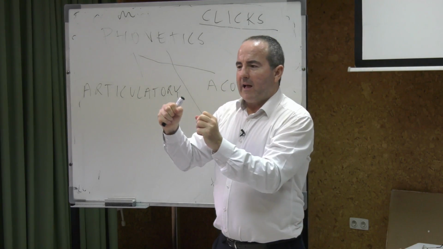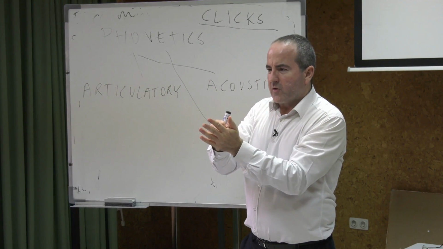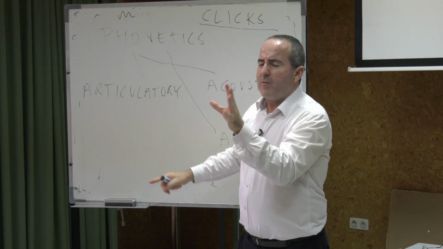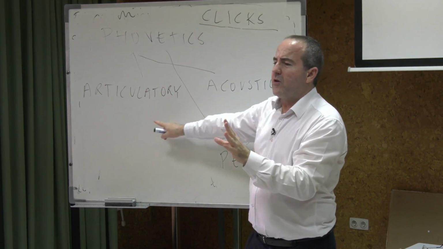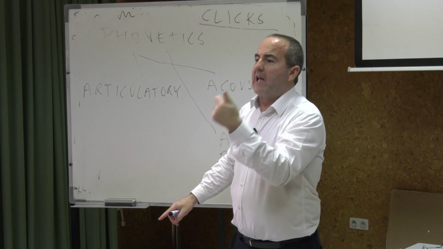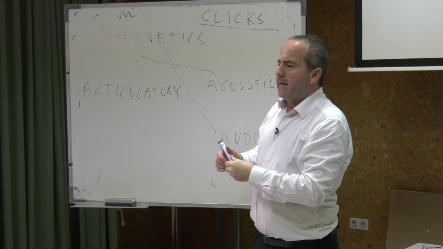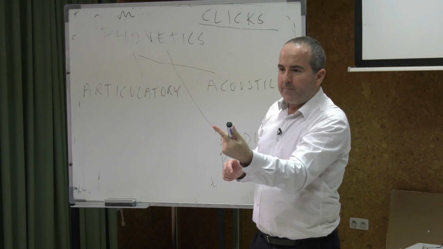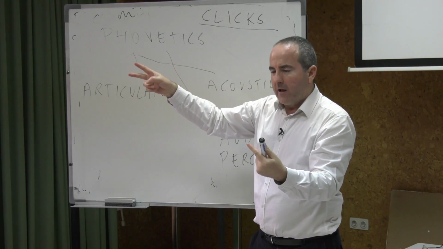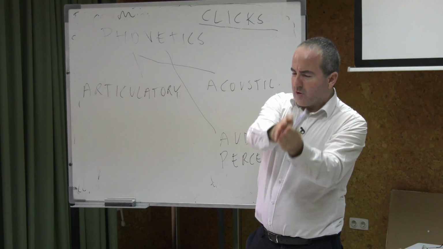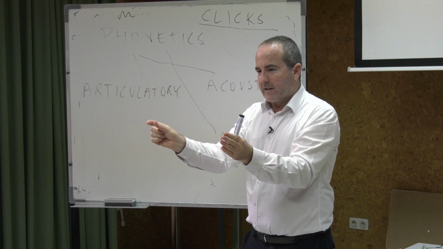When we combine an occlusive, a stop consonant, with a fricative, we have what phoneticians call affricate sounds. And affricate sounds are, for example, che, je, tse, a combination of a stop consonant plus a fricative.